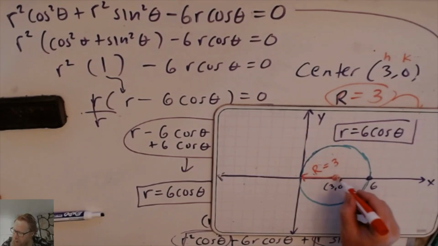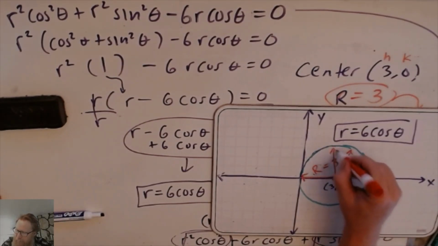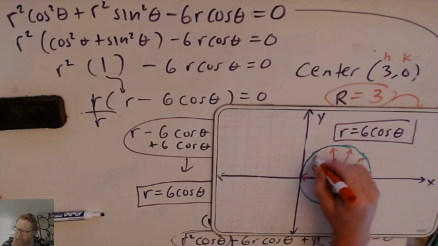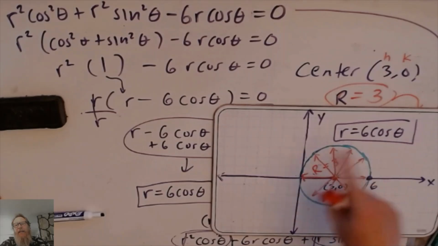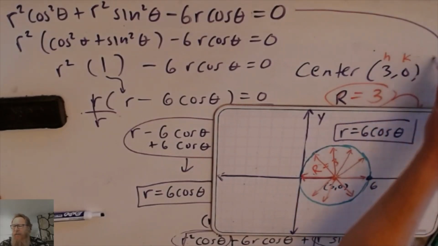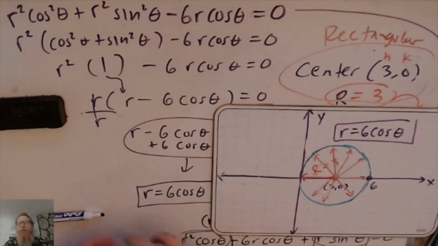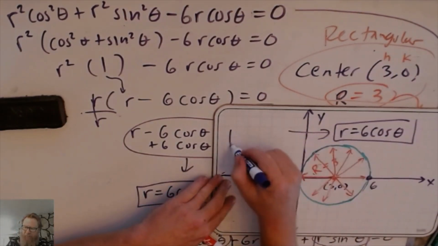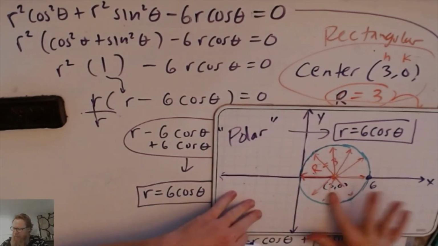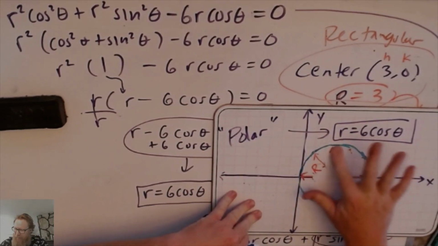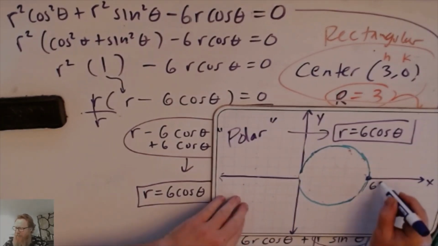So all of these points have radius 3. R is 3, R is 3, R is 3. That's in the rectangular version of the formula. But when you go to the polar form, the radius could be as large as 6.